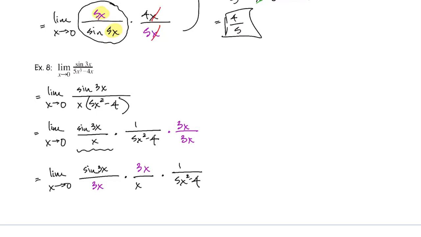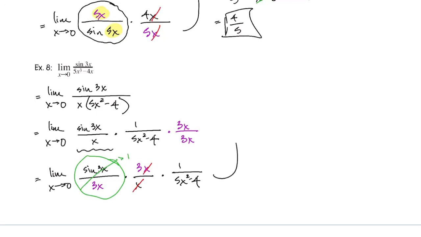But now I think those first two become a lot more familiar, right? This part, we know that's going to go to 1. The second fraction, the x and the x will reduce. We're going to end up with a 3. And then the third one, well, nothing reduces from that.